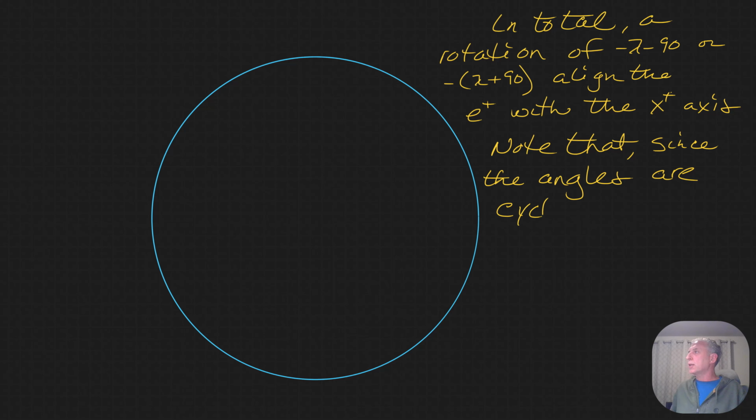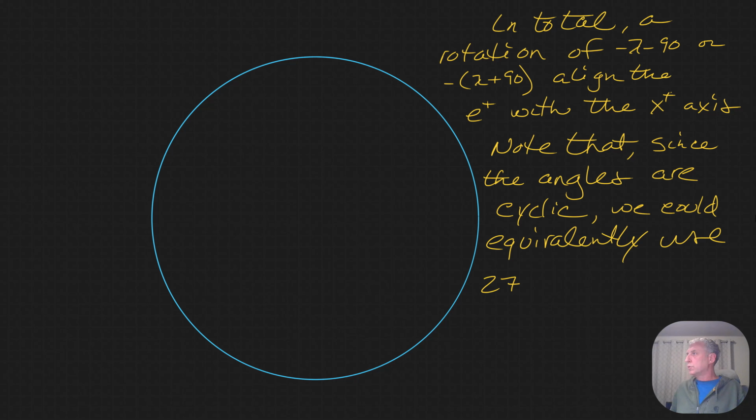So since they're cyclic, we could equivalently use 270 minus lambda. Same thing. That equals minus lambda plus 90, minus the quantity lambda plus 90. And we would get the same result.